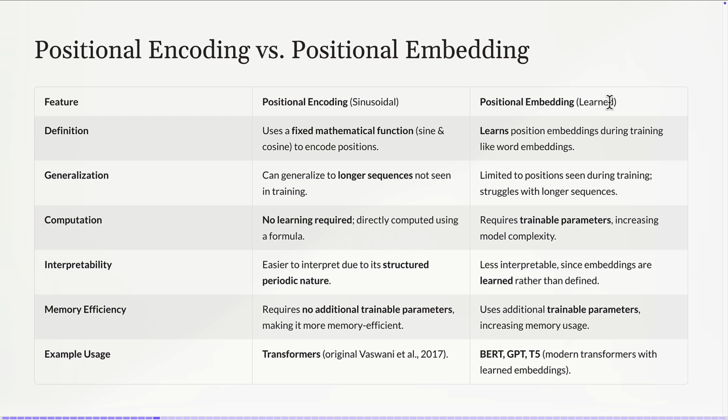For memory efficiency, this doesn't add any trainable parameters, and this will require additional memory to store the trainable parameters. And this one was proposed in the original Vaswani paper in 2017, and this one was proposed in BERT and other advanced transformers. GPT, T5, they use learned embedding. And now it's more common to use learned embedding to have better accuracy than positional encoding.